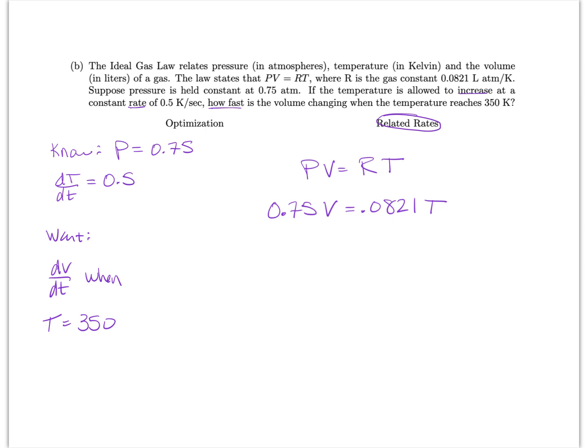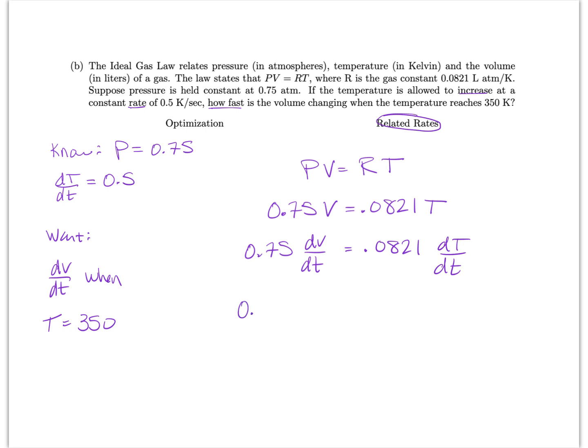So I have my equation that relates my important variables. I take d/dt of both sides. So I have 0.75 dV/dt equals 0.0821 times dT/dt. Now I plug in the things I know and solve for the thing I want. So I know dT/dt is a half, so I'm going to put a half in there, and I'm going to solve for dV/dt.